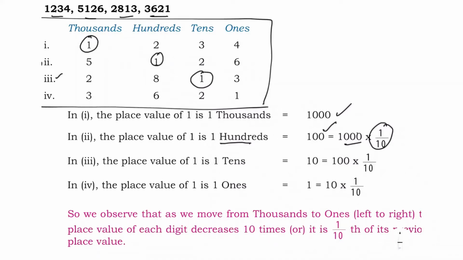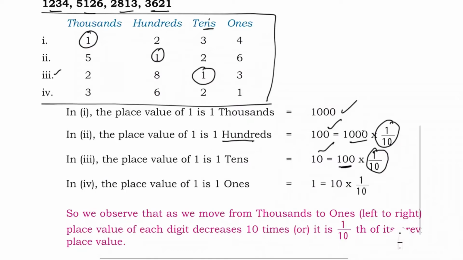That's right, it's 10s. So we can write it as 10, and 10 can be written as 100 into 1 by 10 as well. Now in the fourth number, 1 is in the ones place. The place value of 1 is 1 one. That means it is 1. This can be written as 10 into 1 by 10.